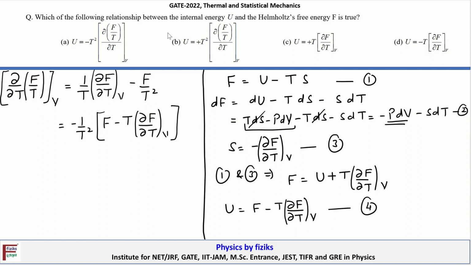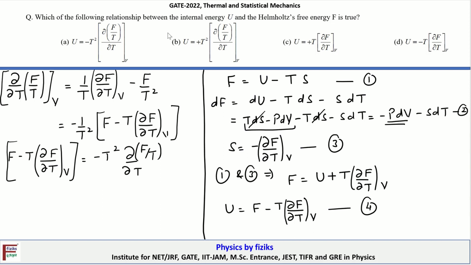So from here I can write F minus T dF by dT at constant volume is equal to minus T squared curly ∂/∂T of F by T at constant volume. Okay, so let's call this equation 5.